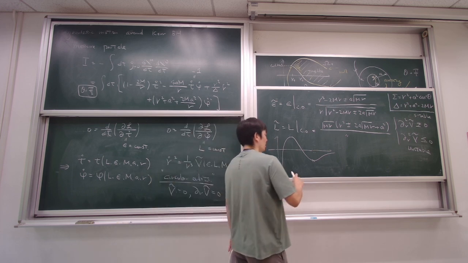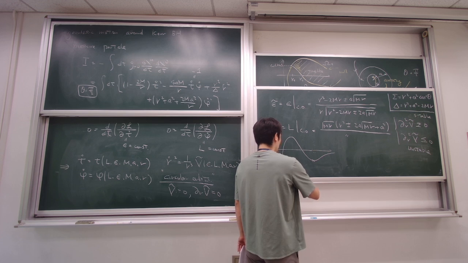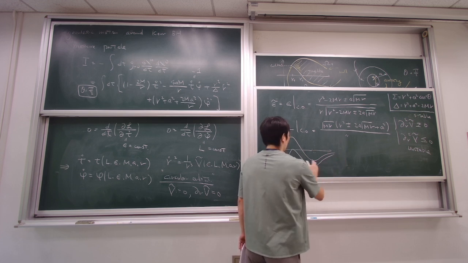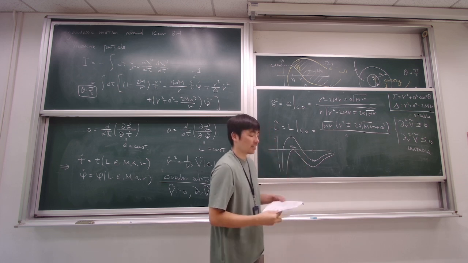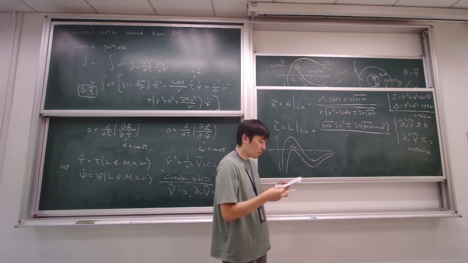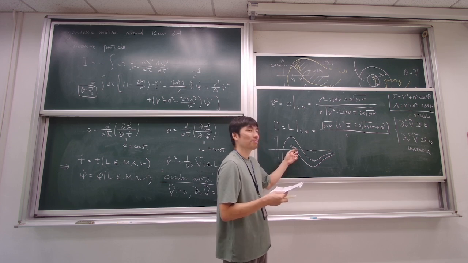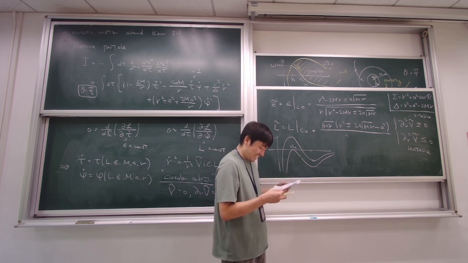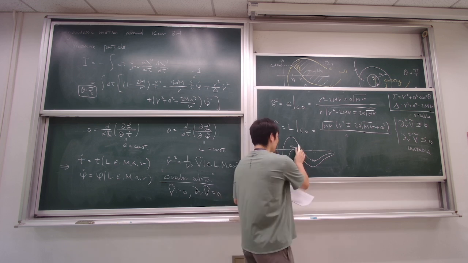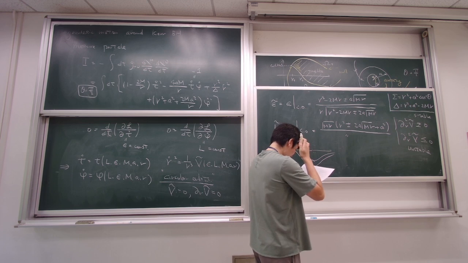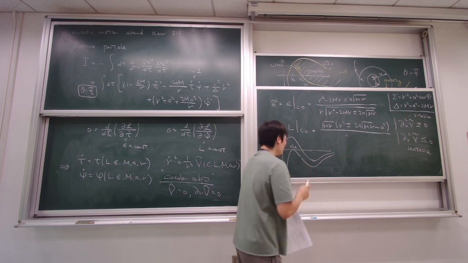But if L is a little lower, it becomes like this, and this is called the marginally bound orbit.